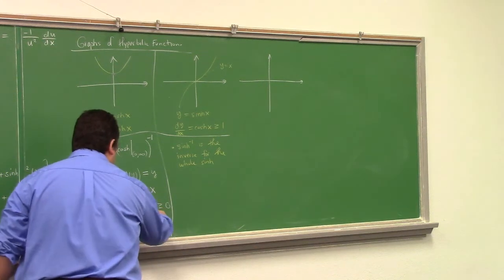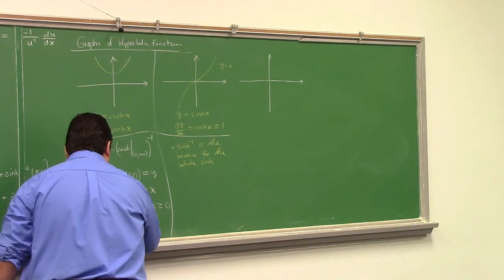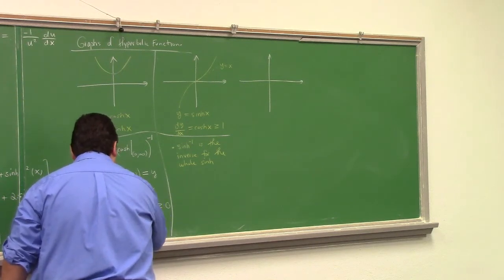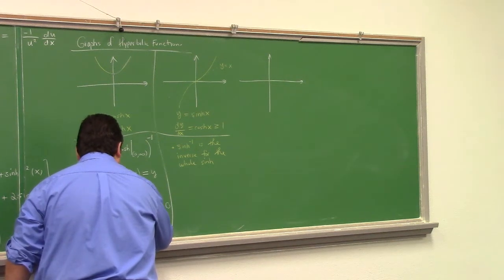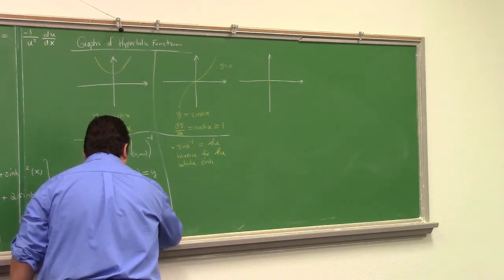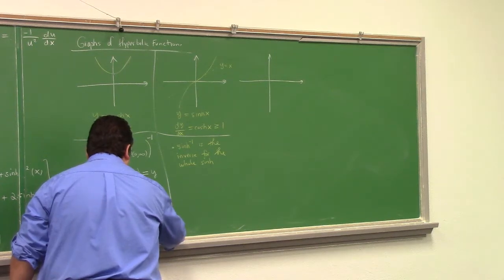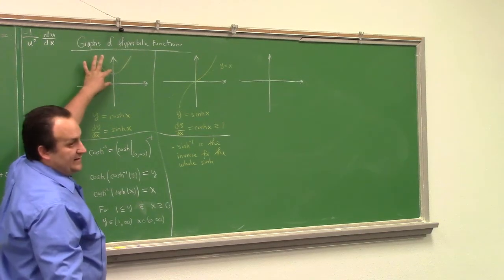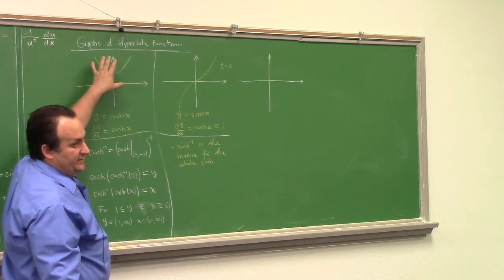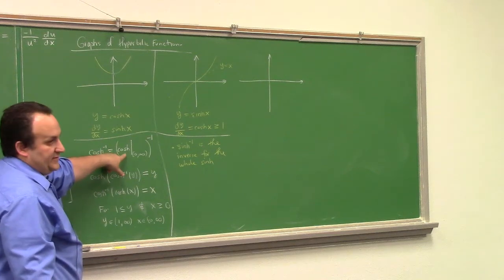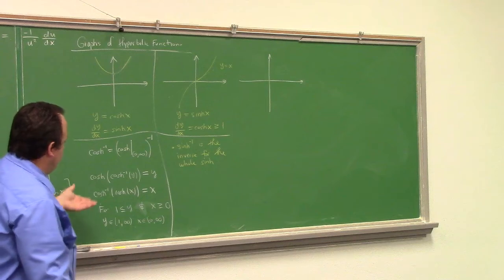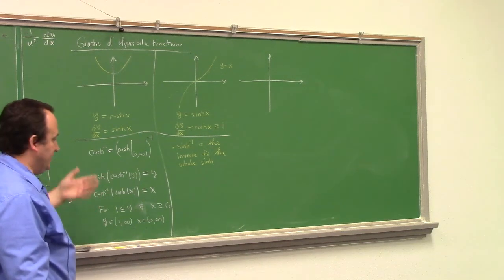This is "and." That's just "and." So y is an element of 1 to infinity, and x is an element of 0 to infinity. That is the domain and the range of the function hyperbolic cosine restricted to 0 to infinity. So the domain of the function is the range of the inverse function and vice versa.